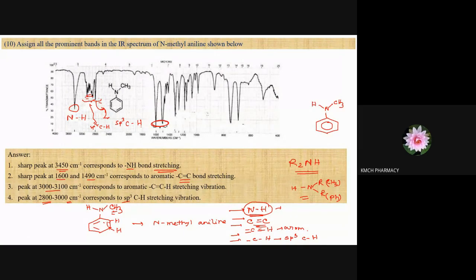In UV spectroscopy, we have this sequence of instruments: light source, monochromator, sample holder, detector, recorder. But in dispersive IR, there is a slight change in the order: after the light source we keep the sample holder, then we place the monochromator. I just want to know the reason, sir.